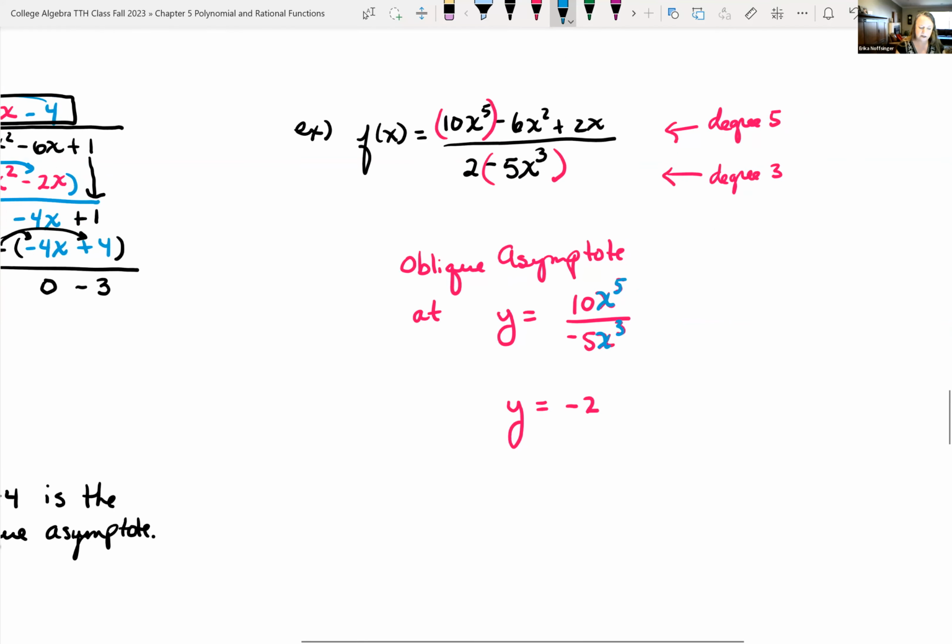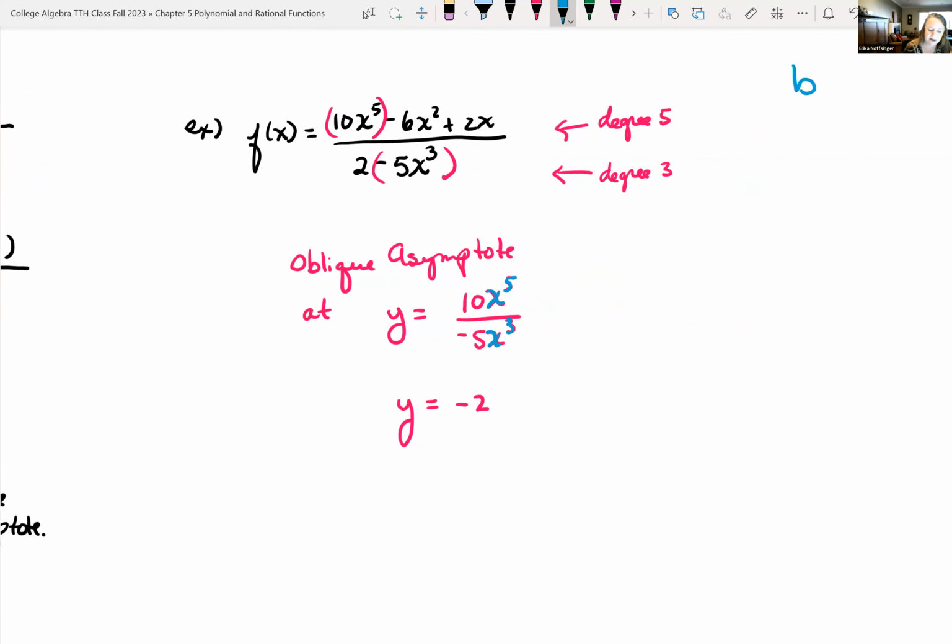So recall, if you had some same base, let's say b to the m divided by b to the n power, you have the same base and there's division. You're taking the exponent in the numerator minus the exponent in the denominator and keeping the base the same. So in this case, we're going to have x raised to the 5 minus 3 power. Or this is y is equal to negative 2x squared.